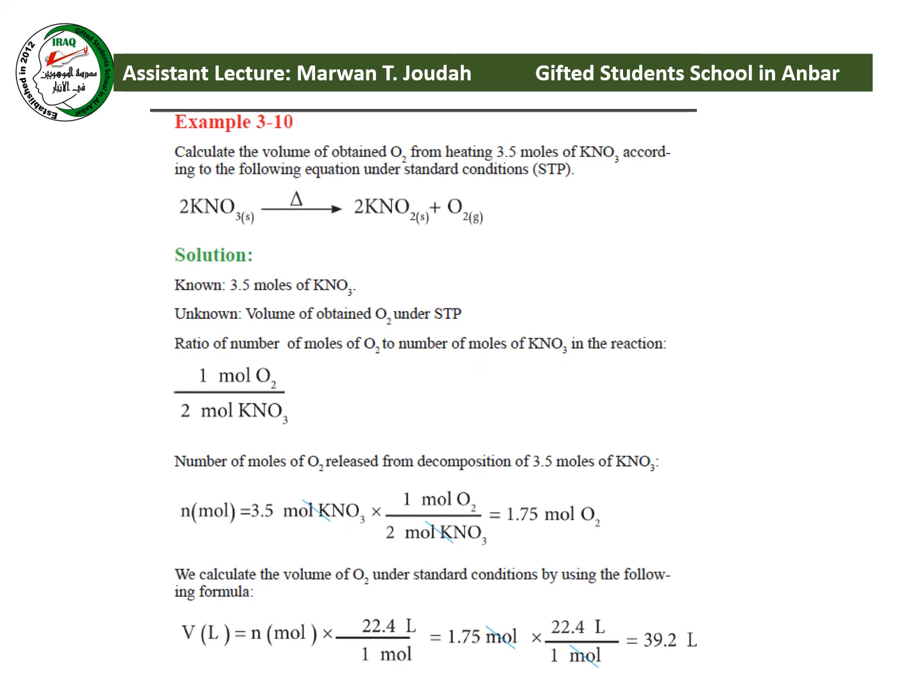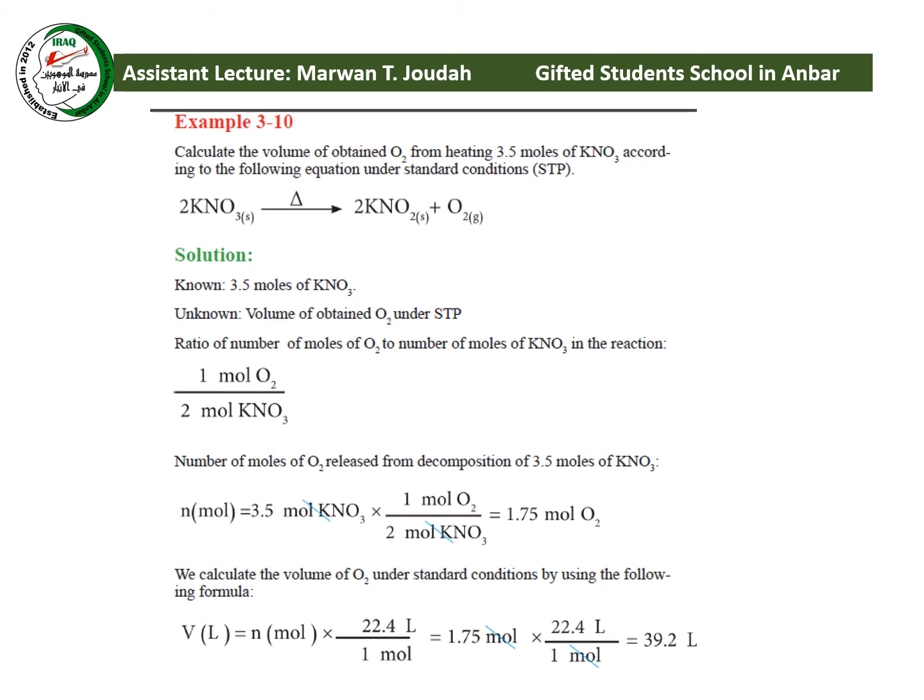Calculate the volume of O2 obtained from heating 3.5 moles of KNO3 according to the following equation under standard conditions, STP, which means that the temperature is 25 Celsius and the pressure is 1 atmosphere.